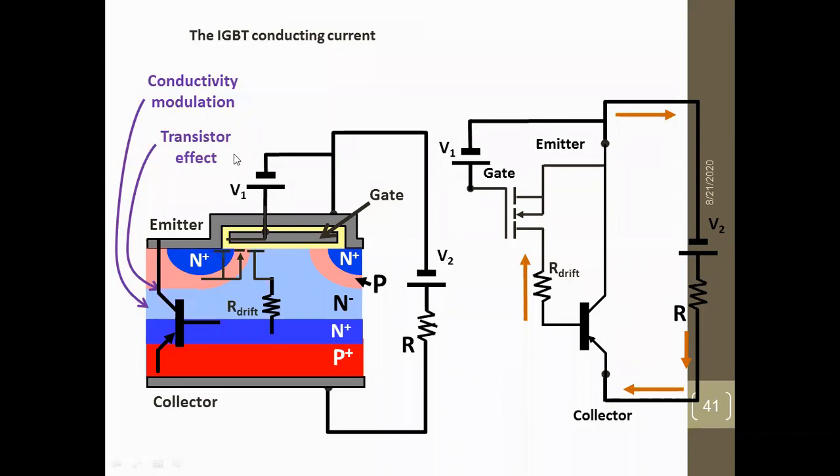The depletion region will increase more and more, which means the drift resistance increases. Resistance occurs here whenever the depletion region increases more and more. That is nothing but the drift resistance.